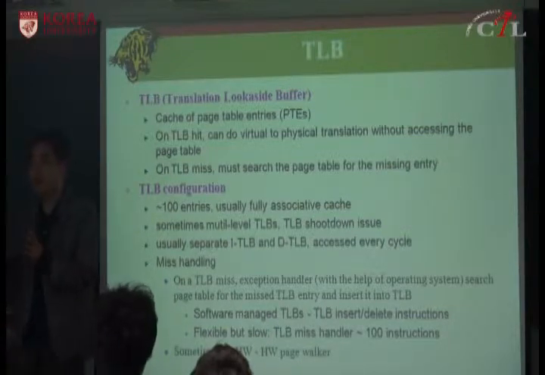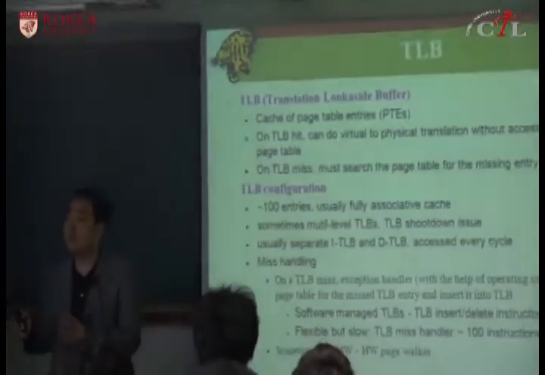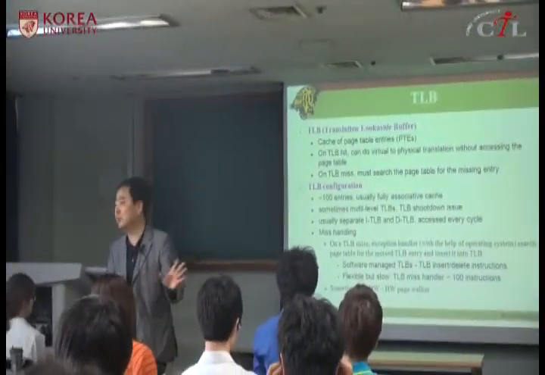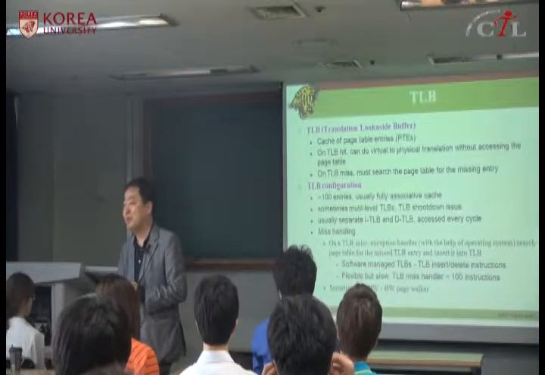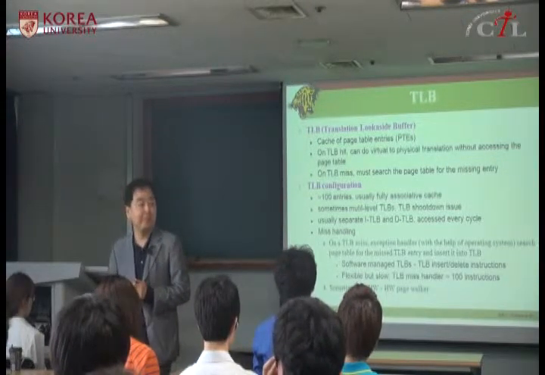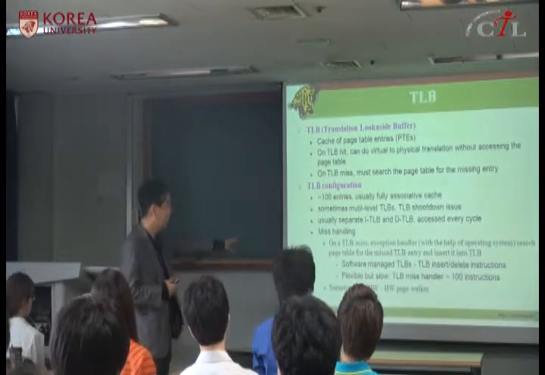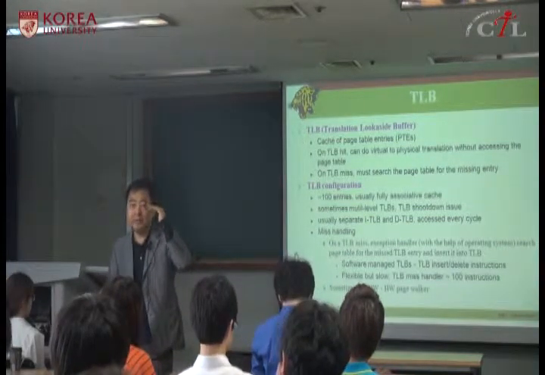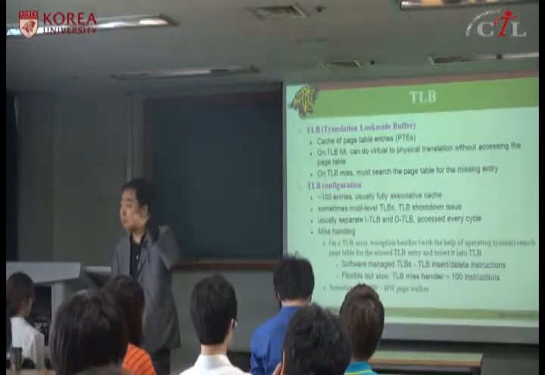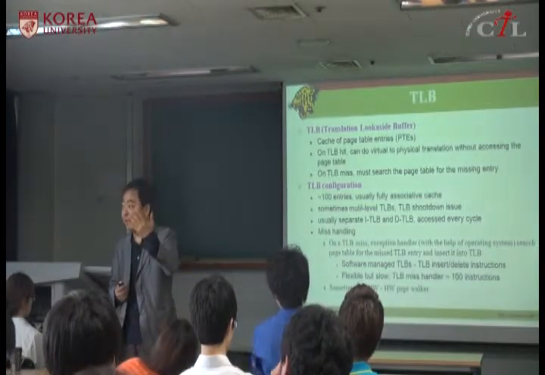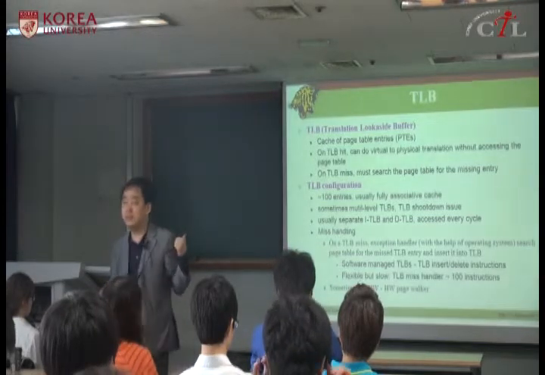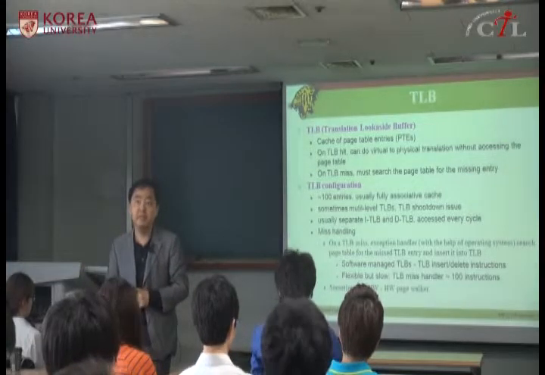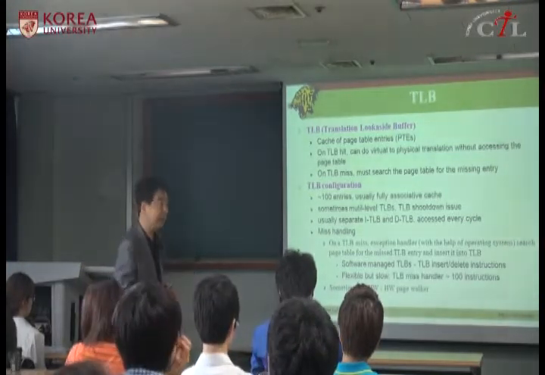Instead of doing the processing by software, you can do it by hardware also. And the idea is simple, but I'm not going into the detail. If you use a hardware page walker, it can do the translation easily and find out whether the page table entry is in main memory or not with a single memory reference. If you cannot find it, then it actually generates an exception. So there are multiple steps before you go into the operating system code. Okay?